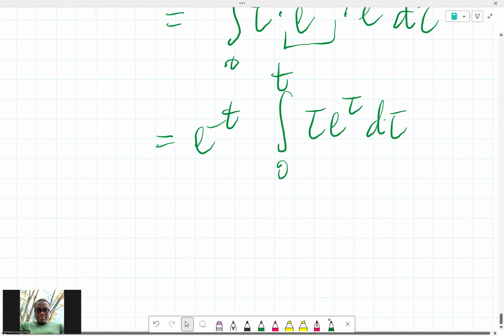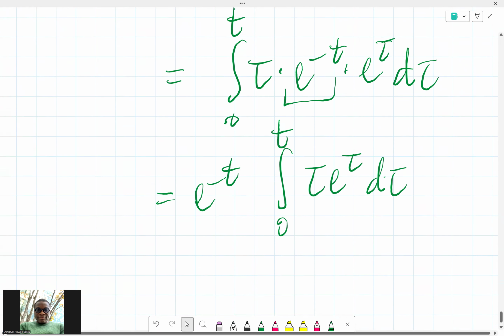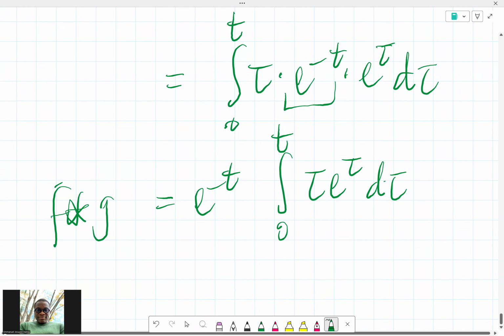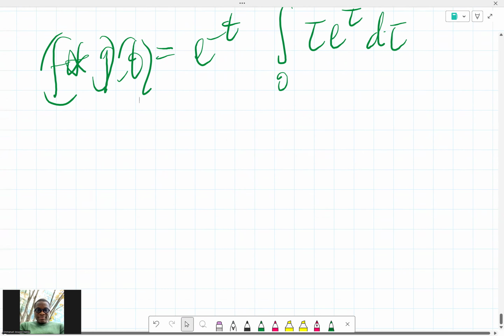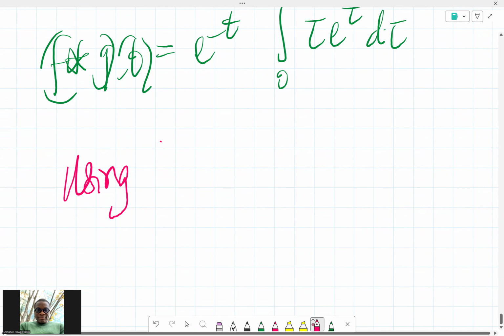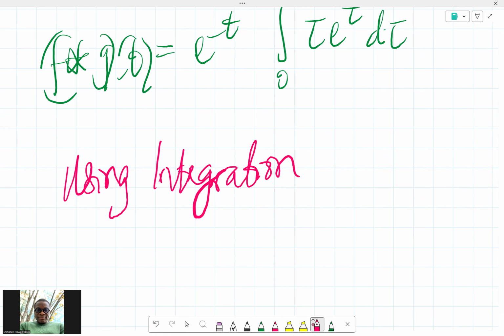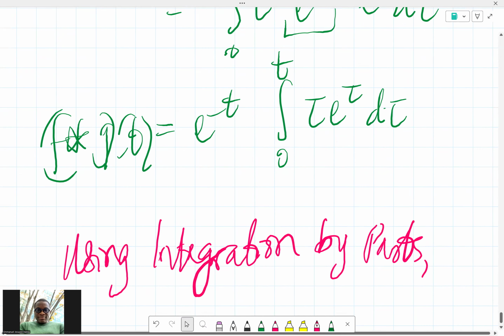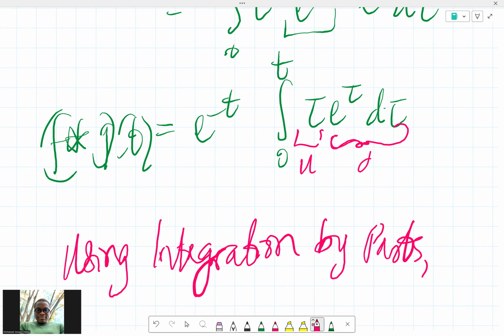And so here we can use integration by parts. Exactly, we can use integration by parts. So again, this is f convoluted with g of t. Using integration by parts means that anything that will go off, we can make it u, and the rest can be dv.